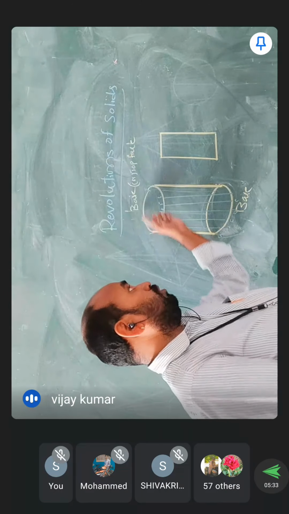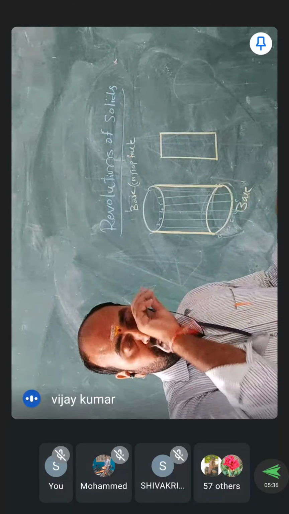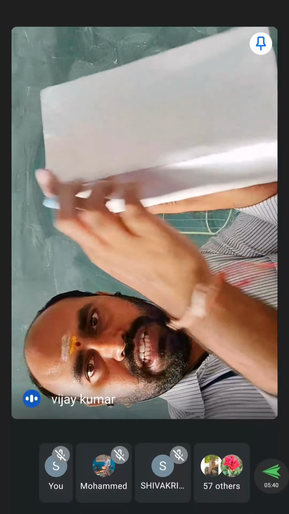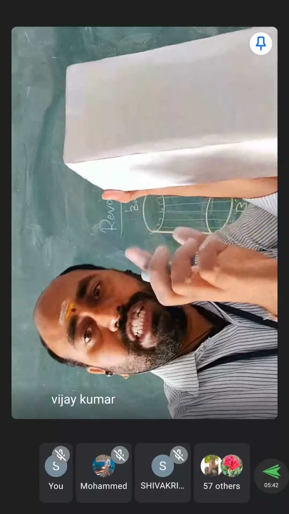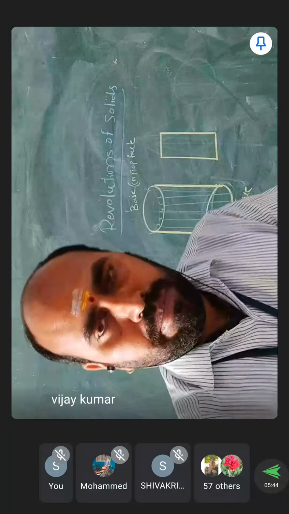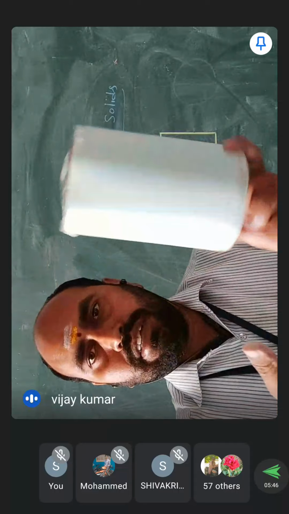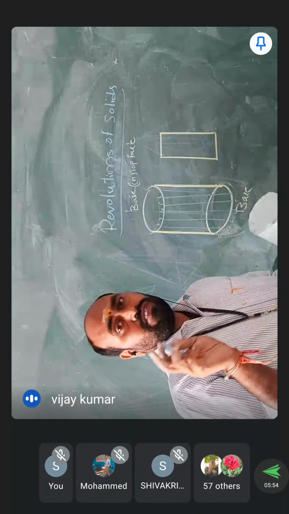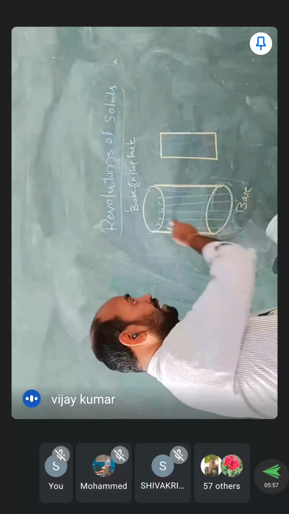The outer edges should be thick because they are real edges. You can see it is a real edge, that's why it should be thick in the diagram. But are there any edges here? There are no edges, just the circumference is there. But we are taking imaginary lines, so those lines should be drawn with a 2H pencil, lighter than the edges.